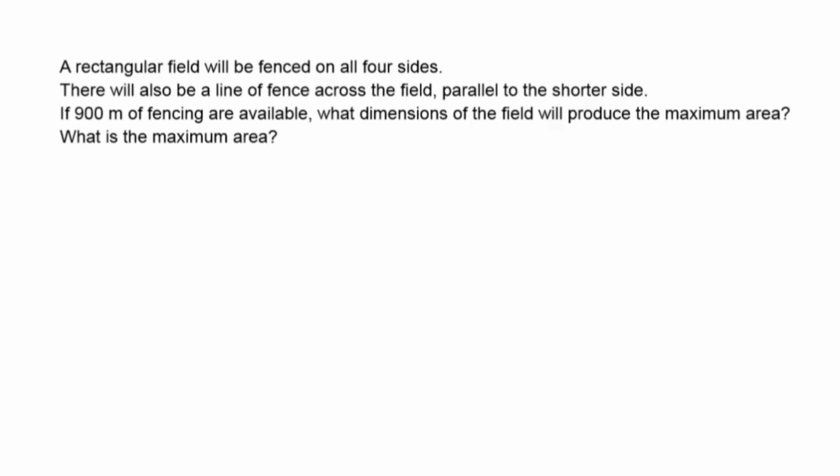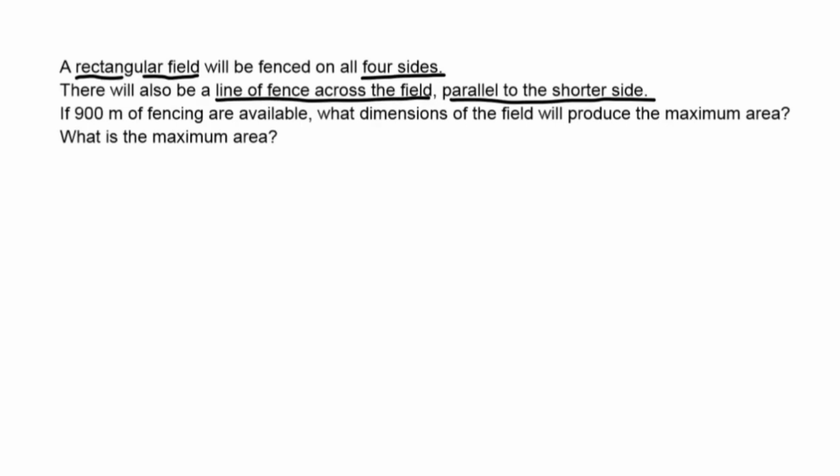So first we're going to figure out what information here is important and what information is irrelevant. It is important to note that this is a rectangular field, so the shape we're working with is a rectangle. It's fenced on all four sides, and there is another line of fence across the field parallel to the shorter side.